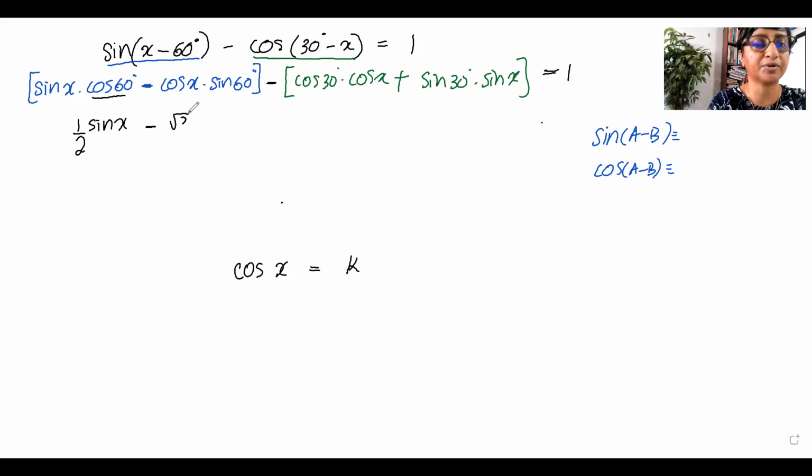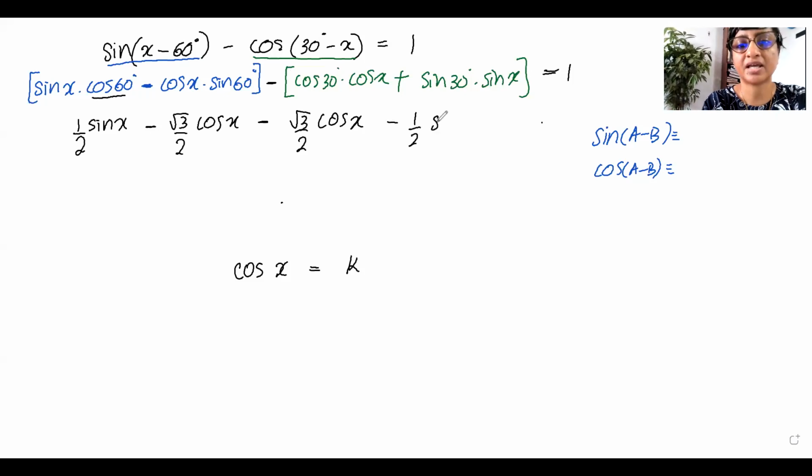So again I'm going to write that in front, root 3 over 2 cos x. And then minus, cos 30 is root 3 over 2, so root 3 over 2 cos x. And then sine 30 is half, and with that minus sign in front, that's minus half sine x equals 1.